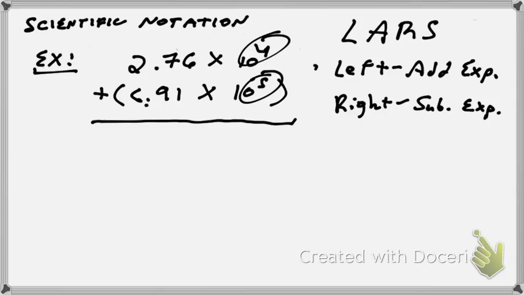If we have 10 to the fifth and we want to create 10 to the fourth, do we add or do we subtract? We have to subtract, right? So right, subtract. We have to move this decimal point to the right, and that is going to result in us subtracting 1 from the exponent.